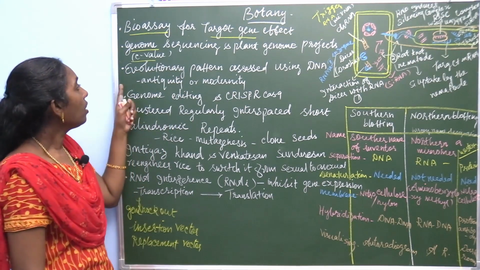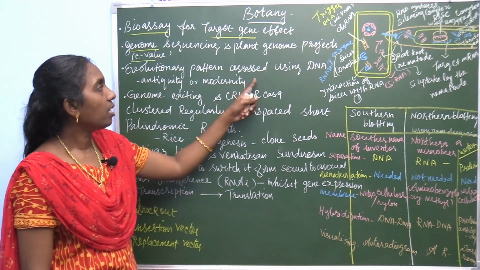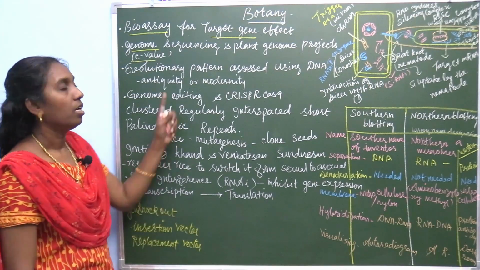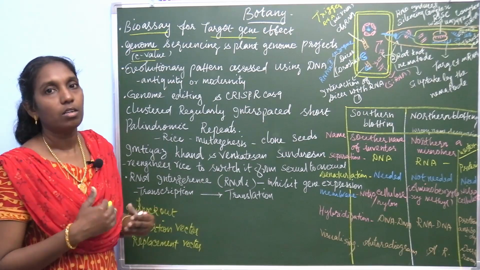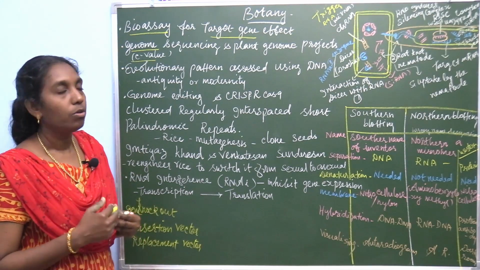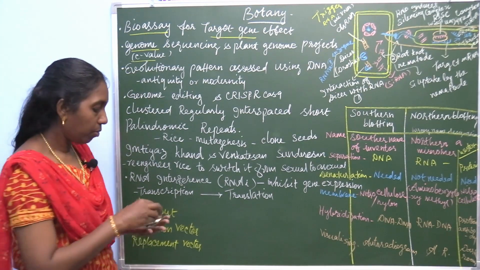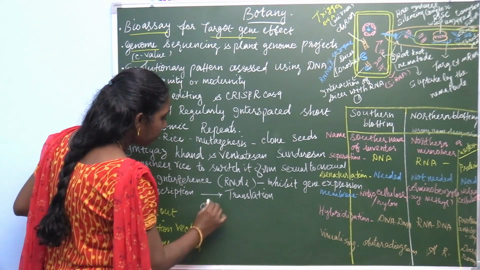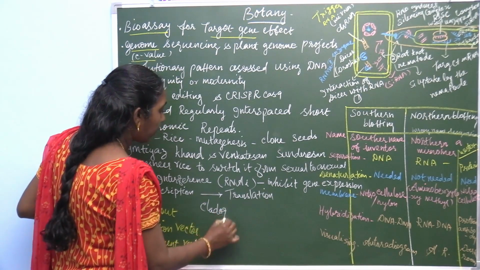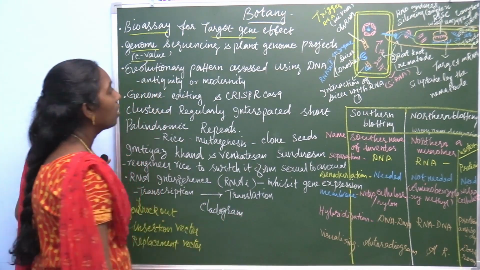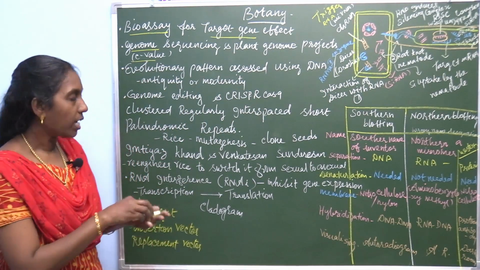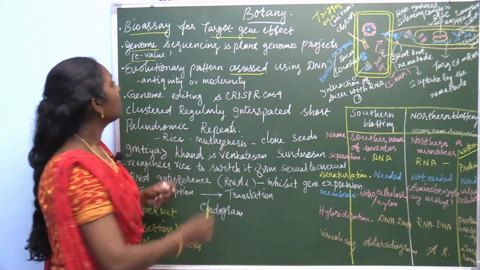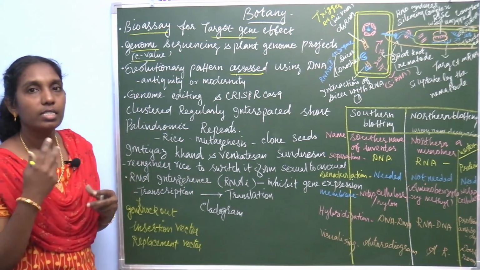The next question, evolutionary pattern assessed using DNA. In the previous class, last year, in 11th standard, you learned cladogram. You may have heard this word, cladogram, in which the evolutionary pattern is assessed using taxonomy.